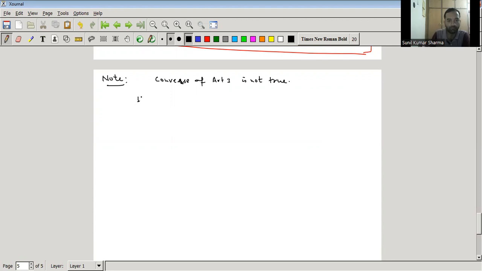If function f is bounded in a deleted neighborhood of a, then limit x goes to a, f of x may not exist.